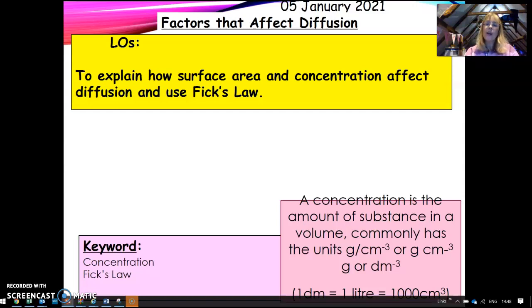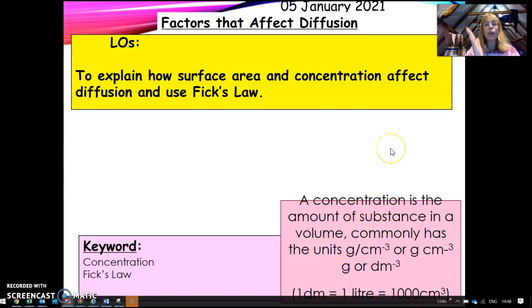So we know that concentration is the amount of substance in a volume. So if I have a 50 ml jug of water, it's about how much salt is in that water. So if it's salt, it can be in grams per centimeter cubed. Remember, centimeter cubed is written, and actually they've made a mistake in this one.